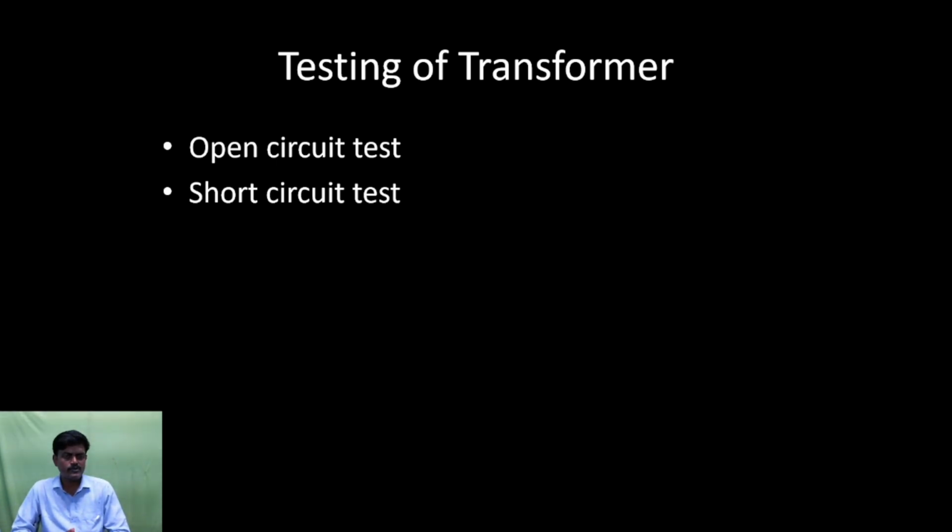Normally I give the voltage on the secondary side. Suppose I am considering the step down transformer. First of all, I have to clarify step up and step down, how the voltage level gets reduced.